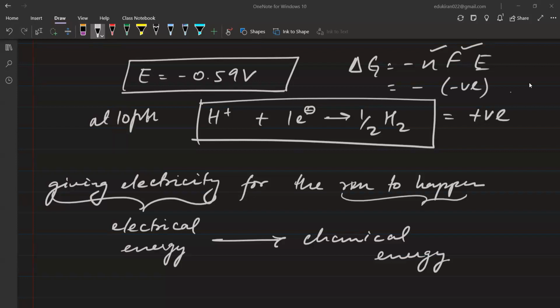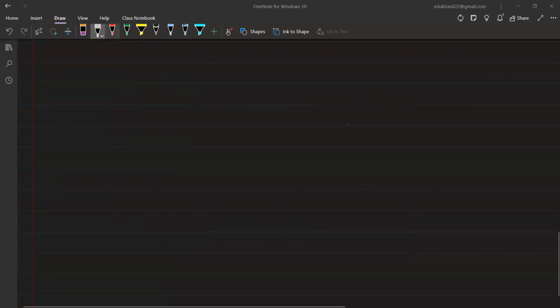And whenever there is a cell which is used to convert electrical energy to chemical energy, that cell is known as an electrolytic cell. Please write now.